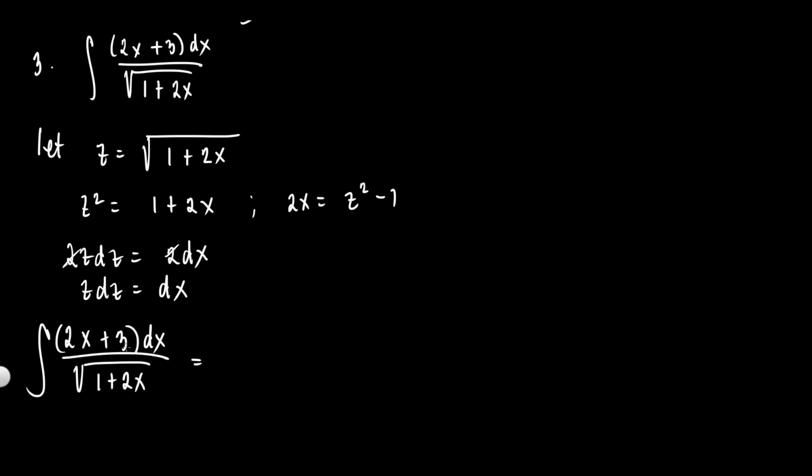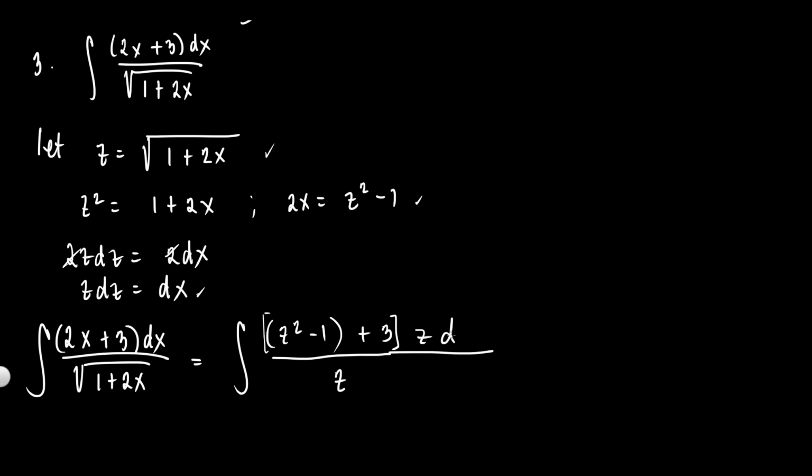We have the integral of, what is 2x? 2x is this, z squared minus 1, then plus 3, then over the square root of 1 plus 2x, which is z, times dx. May dx pa dyan, no? Which is z dz. Lagyan na lang natin ng ganito, z dz. So cancelin natin yung z.